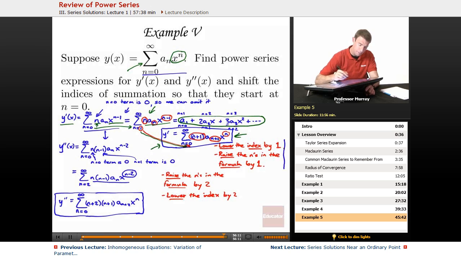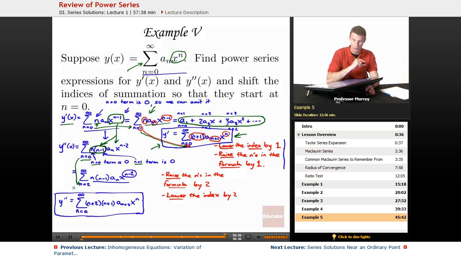For y double prime, I went ahead and took another derivative of x to the n minus 1, and I got n minus 1 x to the n minus 2. I noticed that since I have an n and an n minus 1, the n equals 0 and the n equals 1 term are both going to be 0. So I dropped those out, and so I can start my index at n equals 2. That was not shifting the index yet.